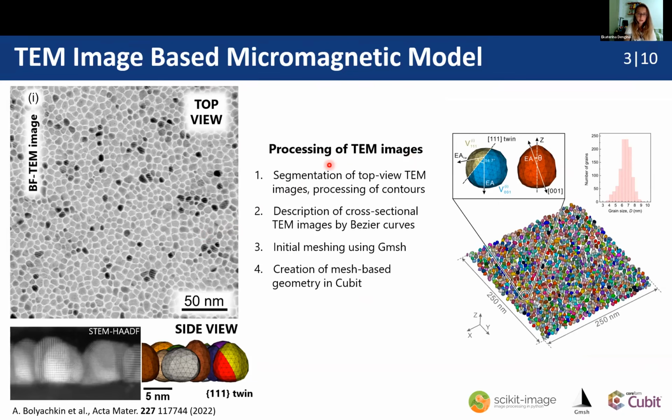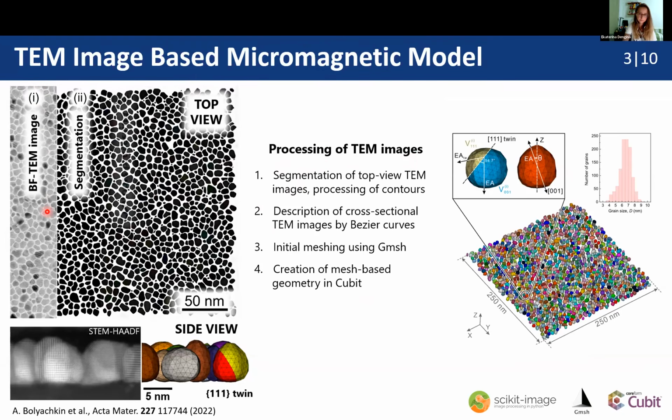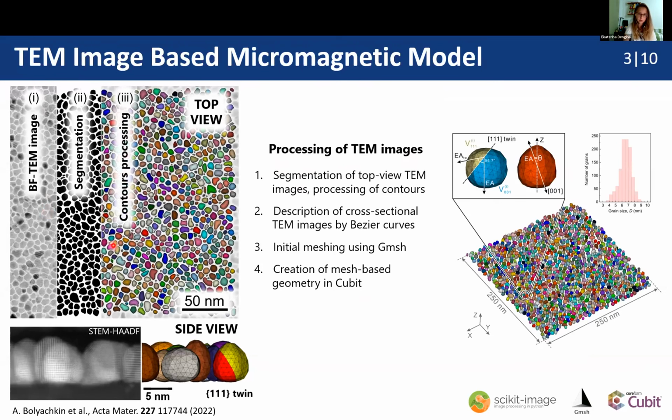First of all, the segmentation of top view TEM images was done with segmentation and binarization, and also processing of some contours. And after that, the description of cross-sectional TEM images was produced by Bezier curves. And after that, volumes and meshes were constructed using the Gmsh library and the Qubit program package. And here on the right side of the page, you can see the final model.